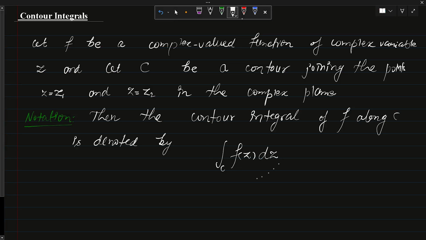Okay, so this is the contour integral, or the integral of this function along this contour c. Okay, so this is the notation.